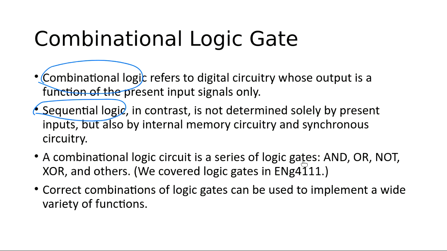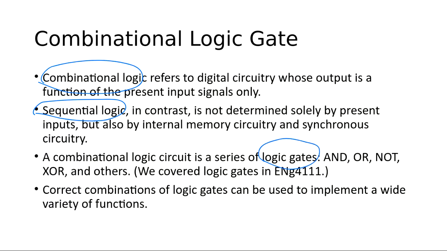Now, what is this logic gate? There are some examples written here: and, or, not, XOR, and others. It seems like they are normal English words, and, or, not. So how come these English words are representing a term like logic gates?